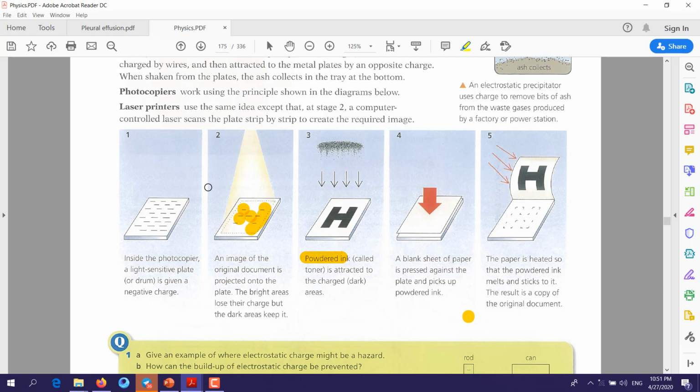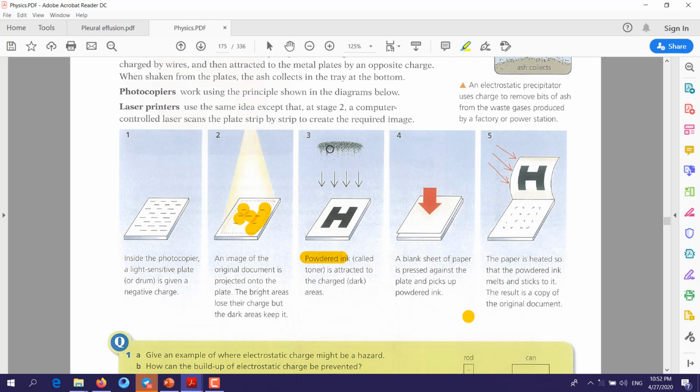This is the principle of printers. For example, the printer that we have in the school, the one we use for copying or printing exam sheets. The principle is, as you can see: a plate with negative charge, then the image of the original document is placed on it, and now you have the image.